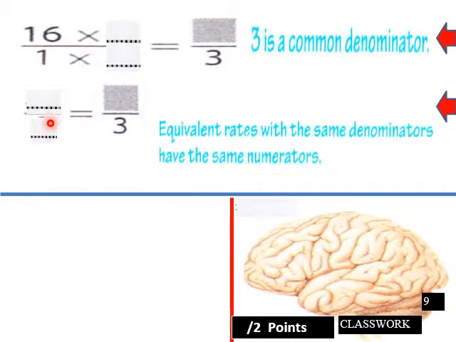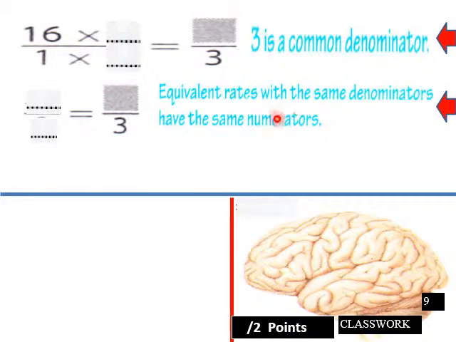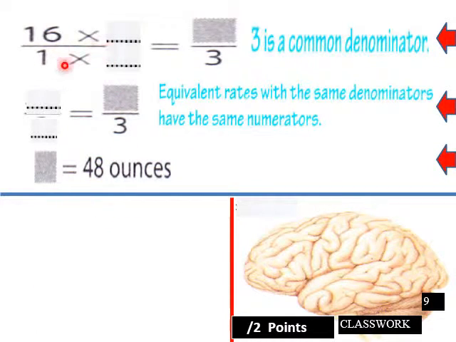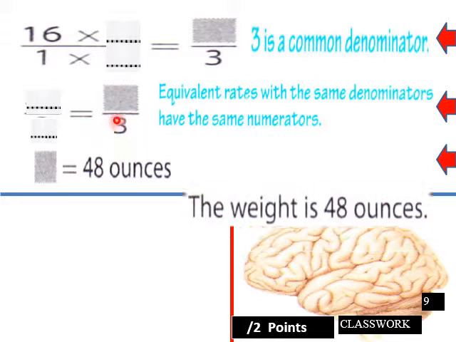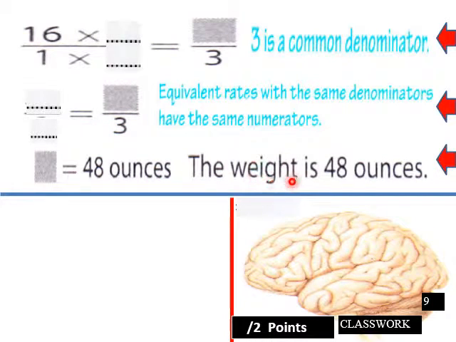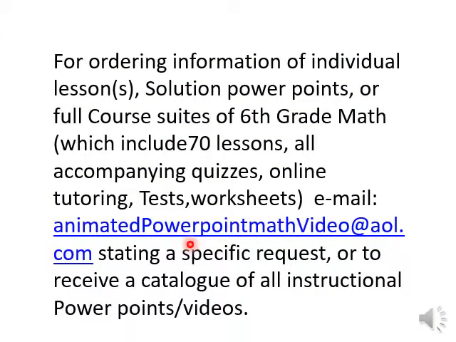Equivalent rates with the same denominators have the same numerators. So blank equals 48. 3 times 16 would equal 48 ounces, so 48 ounces equals 3 pounds. 16 times 3 and 1 times 3 gives 48 ounces.